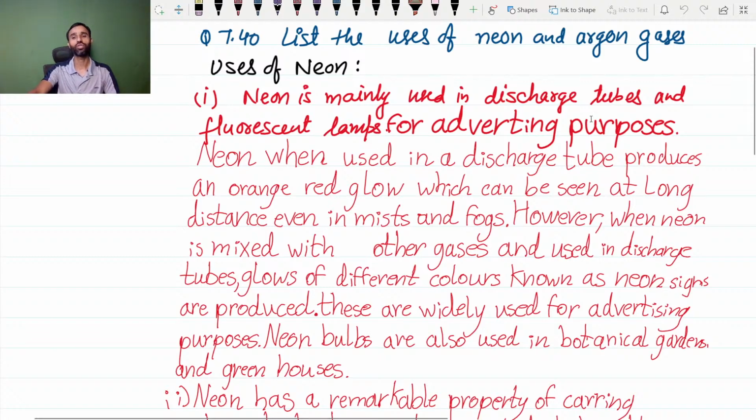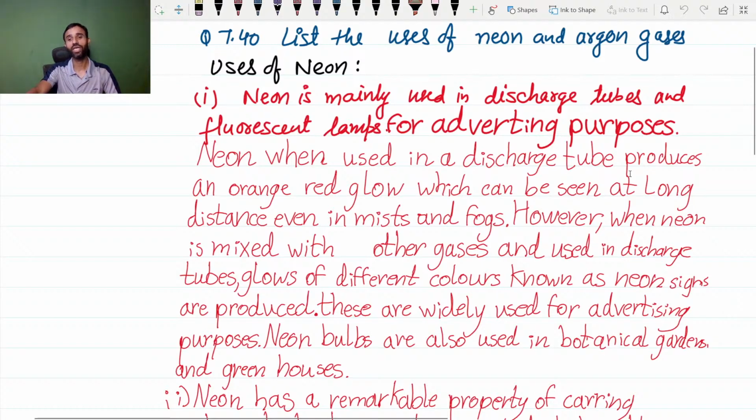Neon is mainly used in discharge tubes and fluorescent lamps. You know, neon bulb or neon tube is used in cars, fog lights. You know, those are neon lights. This neon is mainly used in discharge tubes and fluorescent lamps for advertising purposes.